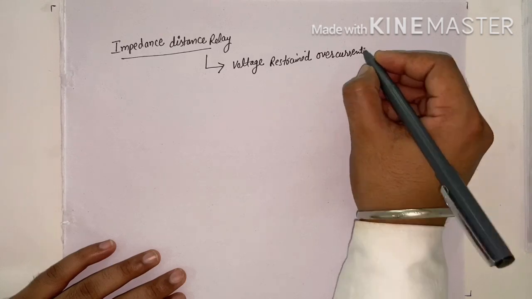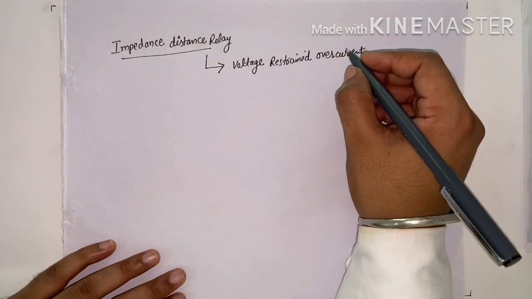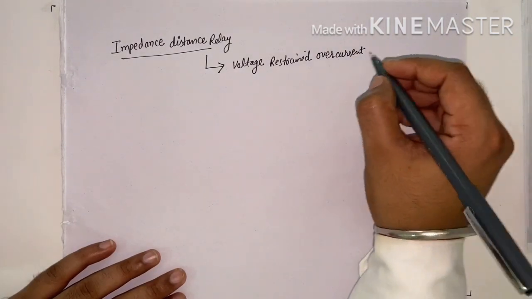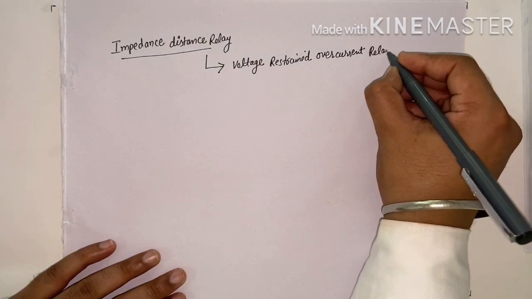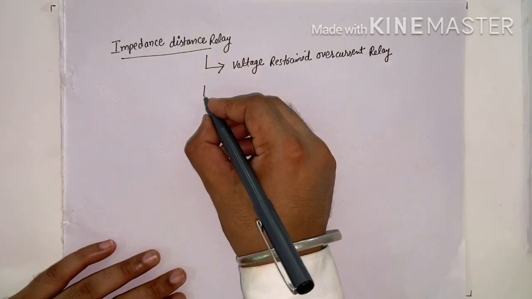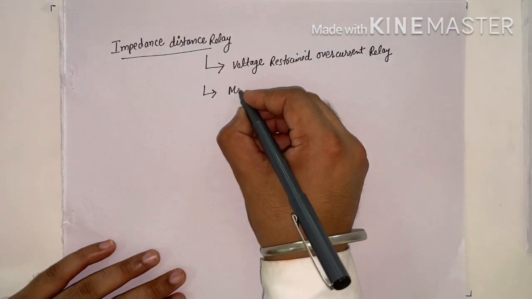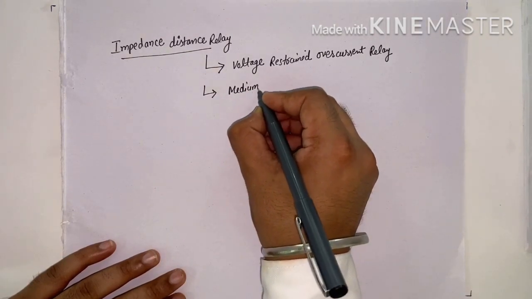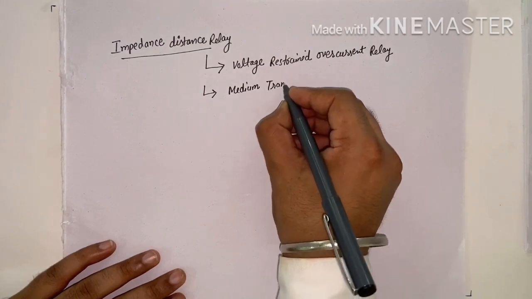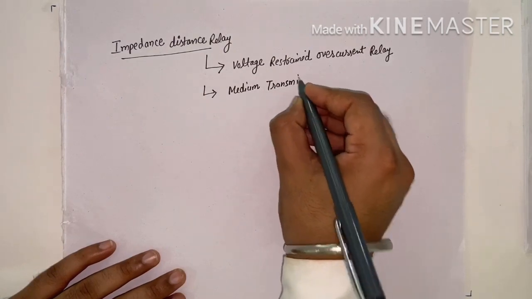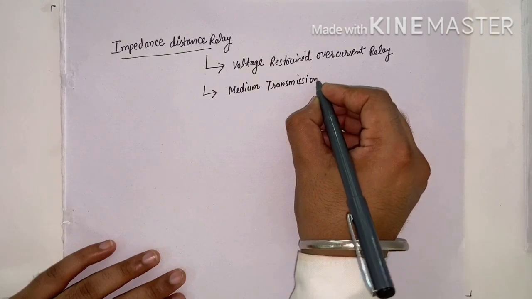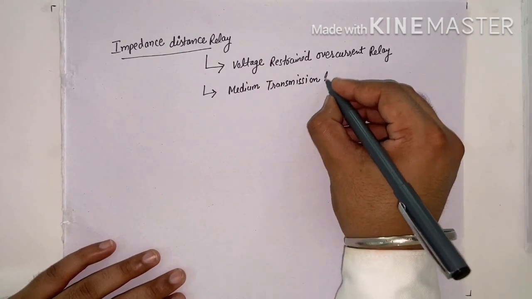We can also call the impedance distance relay a voltage restraint over current relay. We will use the impedance distance relay for medium transmission lines.